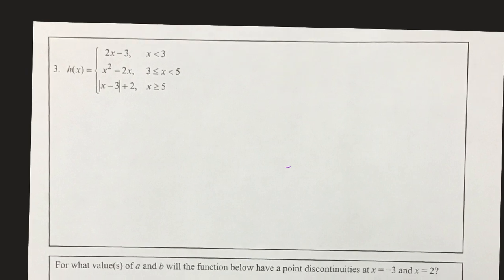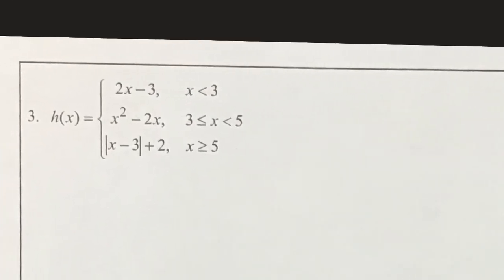Okay, number 3, let's take a look. How many places are we checking out this time? Well, 2 places. So we're looking at x = 3, right? That one's shared by both of these. And also x = 5. So we're trying to find continuity at 2 different points. At x equals 3, and then again at x equals 5.